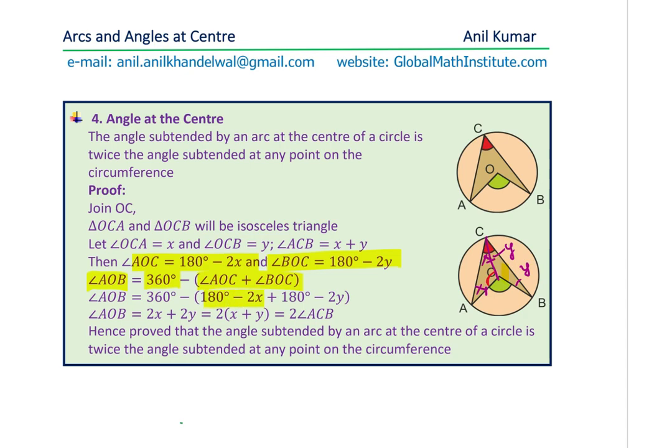Once you substitute these values, you get 2x plus 2y, or twice the angle x plus y. And angle x plus y is the angle at C itself. And therefore, we have proved that the angle subtended by the arc at the center of the circle is twice the angle subtended at any point on the circumference. We are going to use this property to answer our questions.